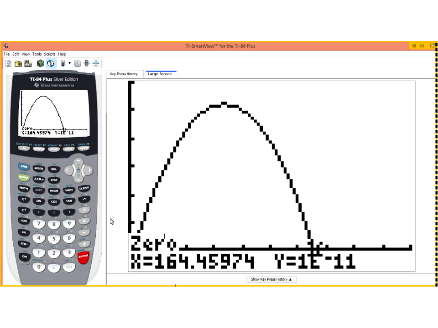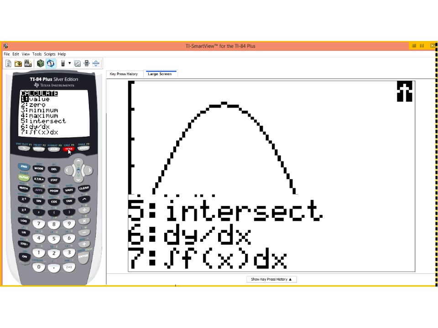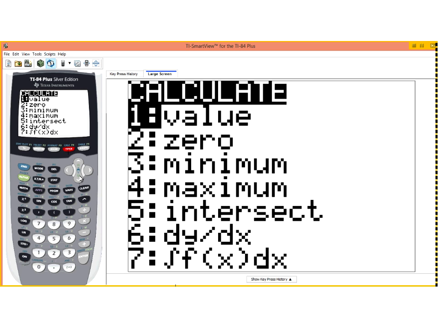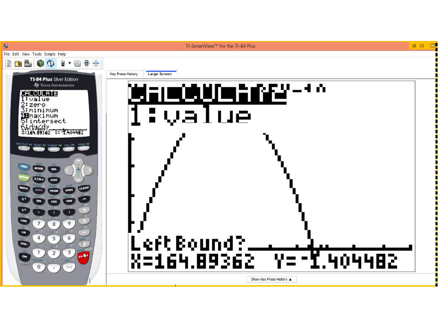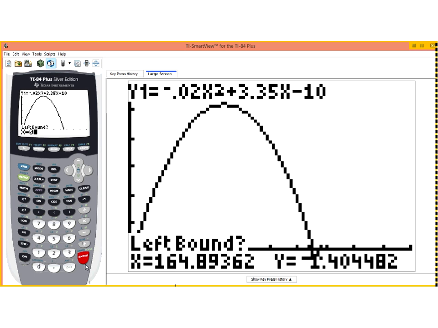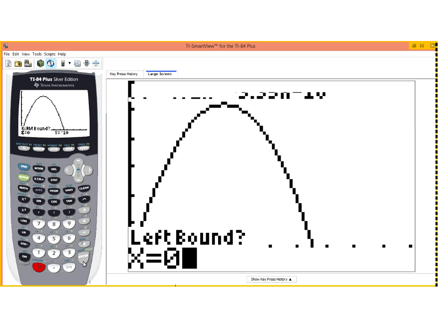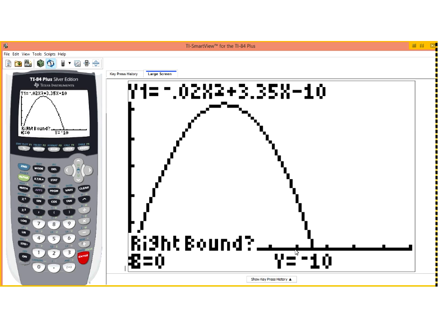When you write that down, you may need to take some decimal places depending on the directions for entering your answer. Okay, the next question is, what is the maximum profit and what's the number of units we should sell? So I go back to my calc menu and I'm going to select maximum. Okay, it wants a left bound. I know it happens between 0 and a right bound.